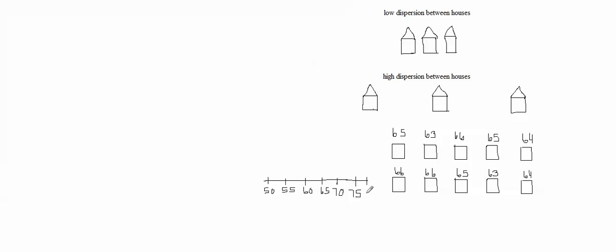Maybe I'll stop at 80. I'll put each car above its own place on this number line. Maybe I'll just make an X for each car. So let's see, we have one car going 63. So 63 is about right here.